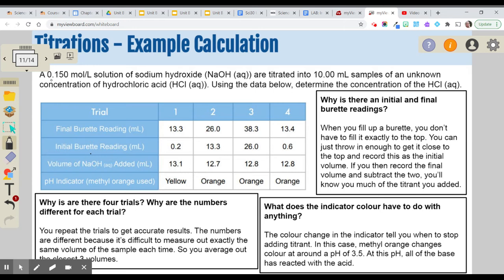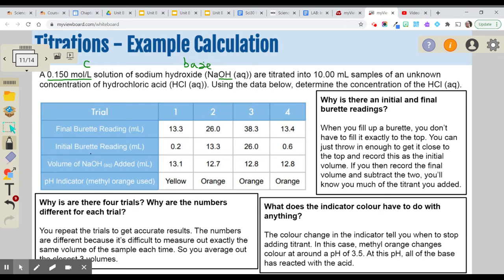So we have a 0.150 mole per liter solution, so there's a concentration, of sodium hydroxide. Is that an acid or a base? Well, as soon as you see OH, you better be thinking base. So there's our base.